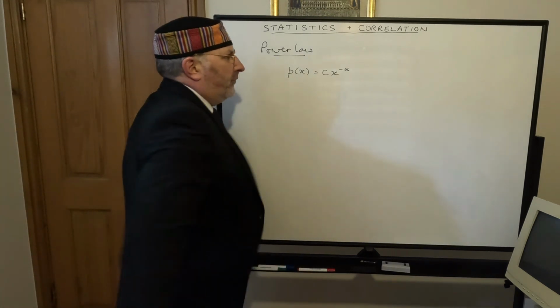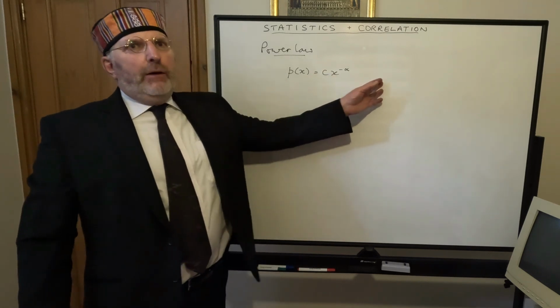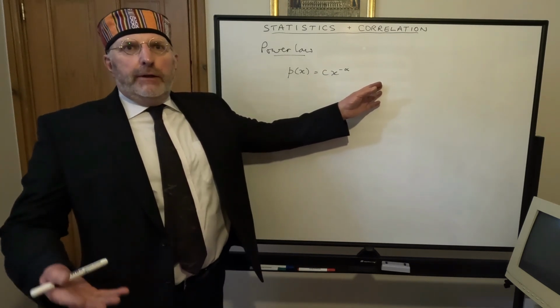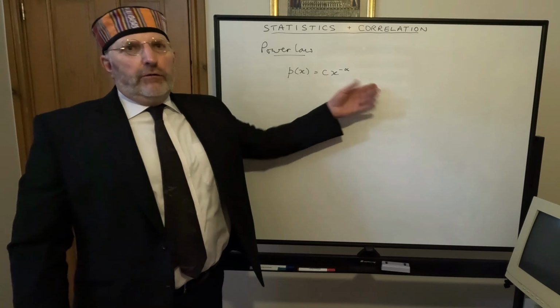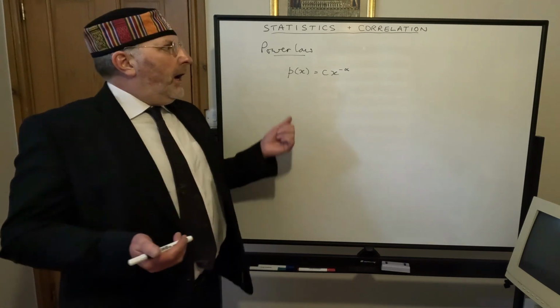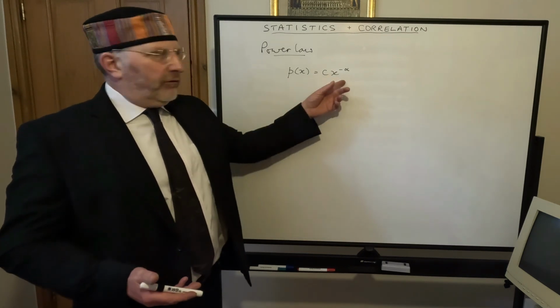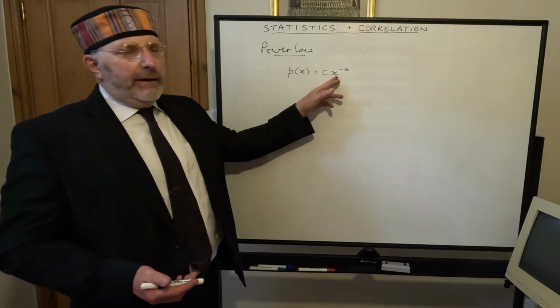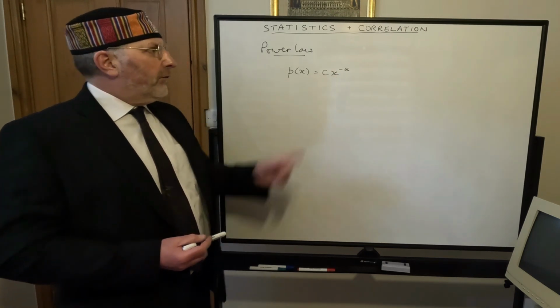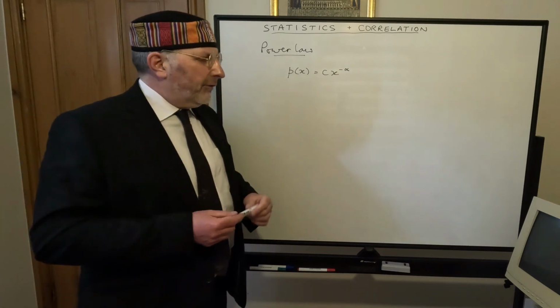So that describes a power law, and we saw that power laws are pretty common in socio-historical data. For example, the sizes of wars obey a power law. The larger the war, the less likely it is, and there's a power law relationship where, in this case, x would be the size of the war, and p of x is the probability of a war of that size.